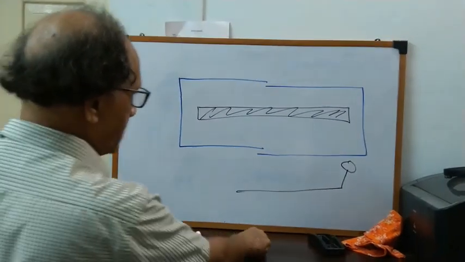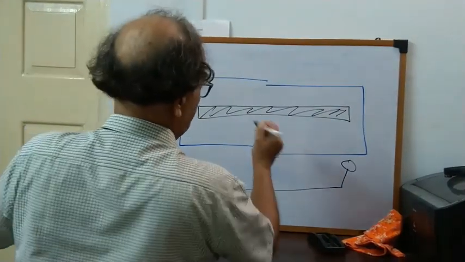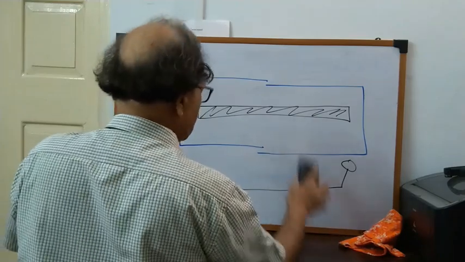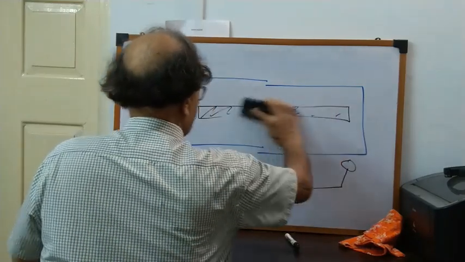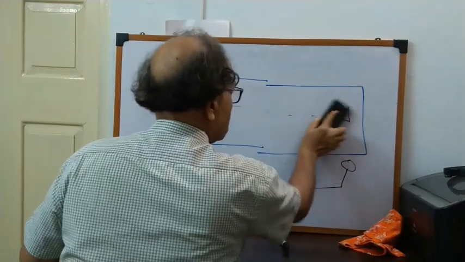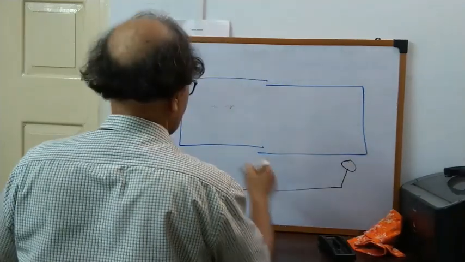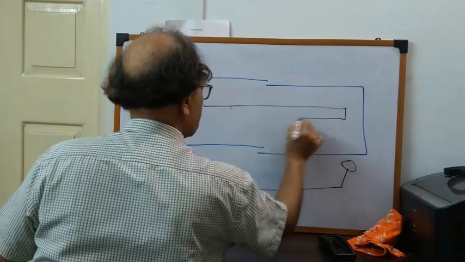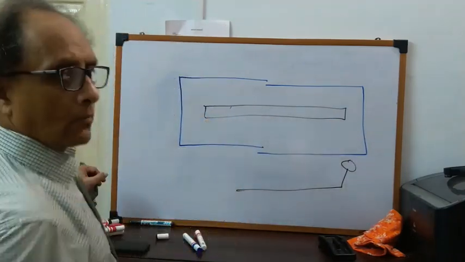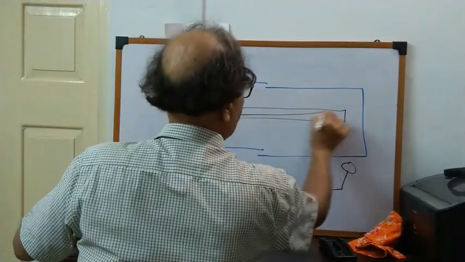And how are they oriented? So this is the orientation of the myosin. If this is the thick filament, how are the myosins oriented? Myosins are oriented like this.